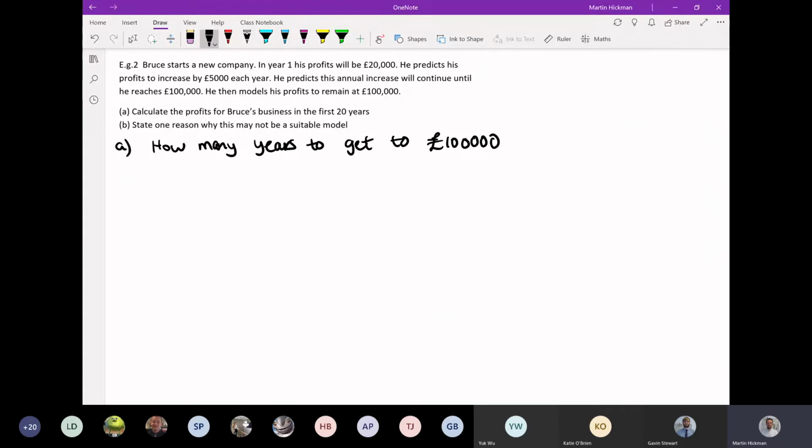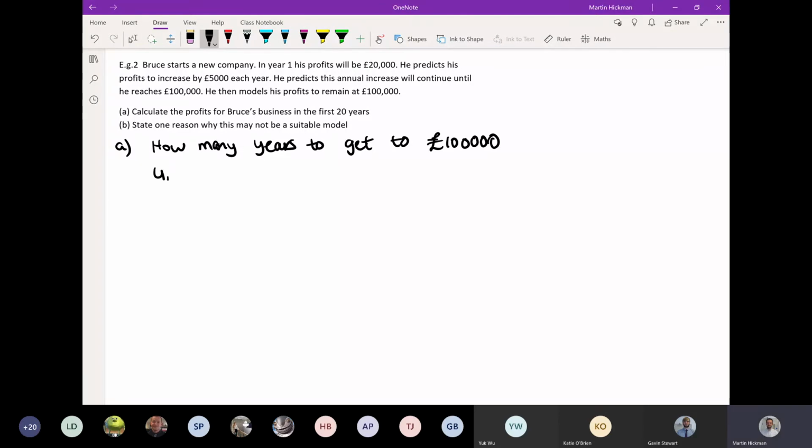You could also work out how many terms to get to 95,000 and then just add the 100,000 on. That would also work. So we want to find out in which year we actually get to 100,000 for the first time, because once we're there, it then stays at 100,000.